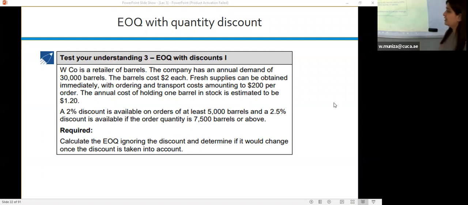Requirement is calculate the EOQ, ignoring the discount, and determine if it would change once the discount is taken into account. So first, can I request you to calculate EOQ?